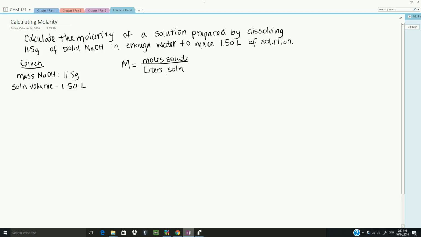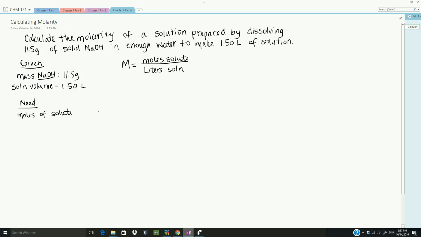I'm just abbreviating solution there. So we need to get moles of solute. Our solute here is the solid sodium hydroxide, and our solvent is water.